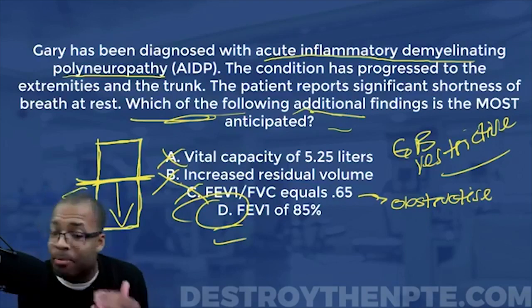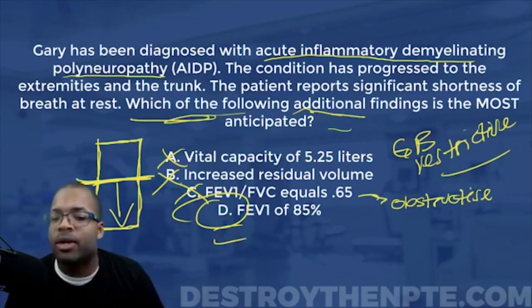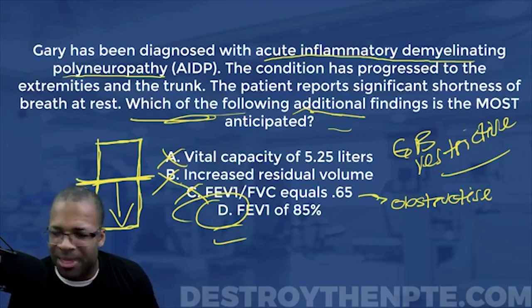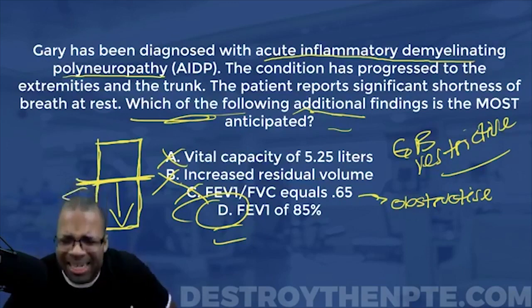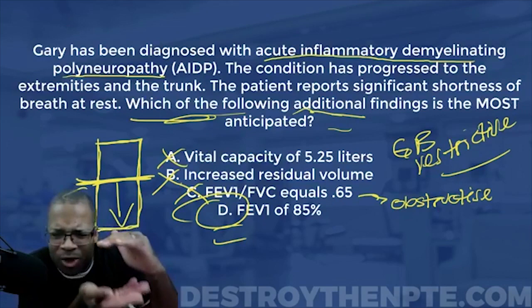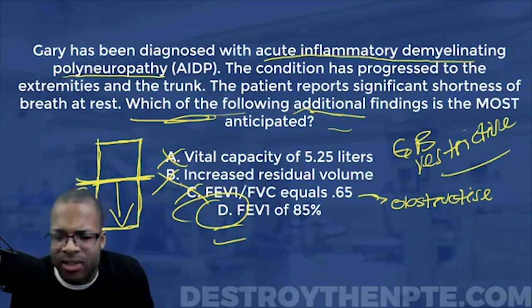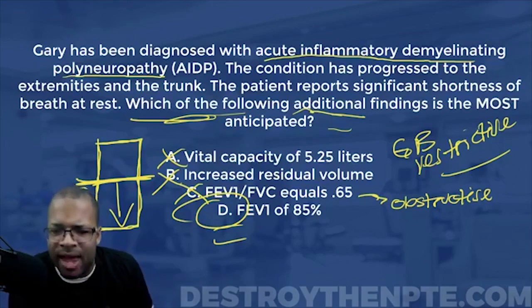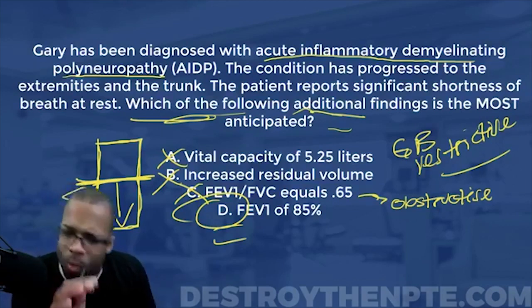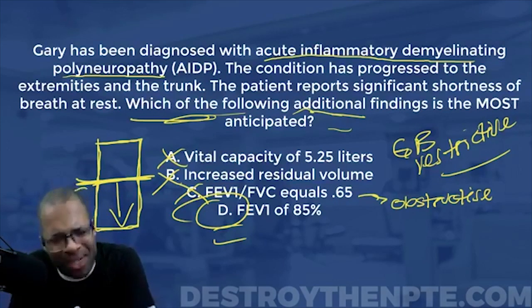However, if I have that percentage and it's really high, 85, 90, 95%, I know that that's more consistent with restrictive because the person doesn't have as much air to even inhale or exhale. It's a shorter volume because they're restricted, right? And so that is why we have FEV1 of 85%, the reason why that's the right answer, and the reason why it goes with the restrictive lung condition.